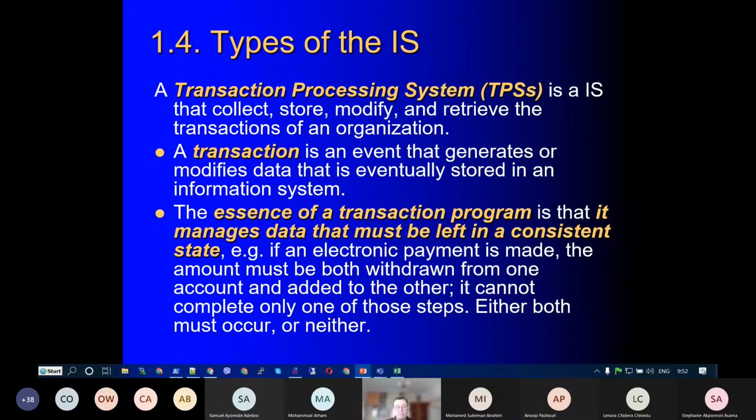So if an electronic payment is made, for example, which is more common, the amount must be both withdrawn from one account and added to another, and it can't be left incomplete at any stage. So it means it must be complete, all intermediate operations, or if failure happens at any of these steps, all actions have to be reverted back.